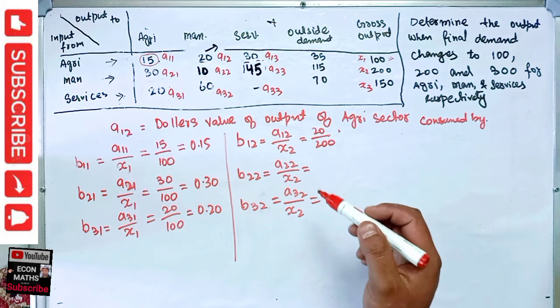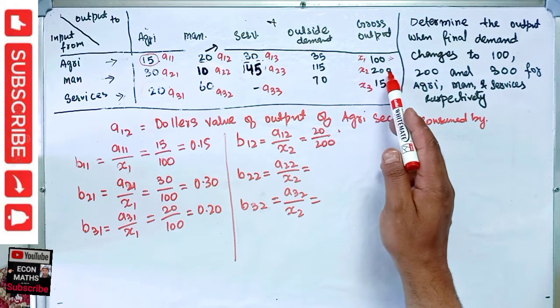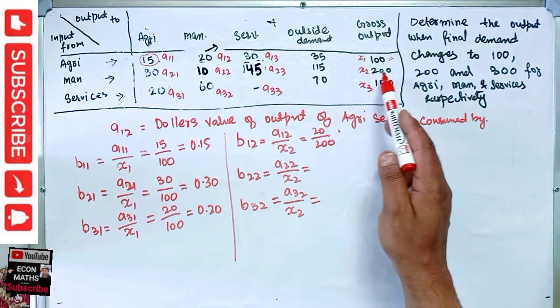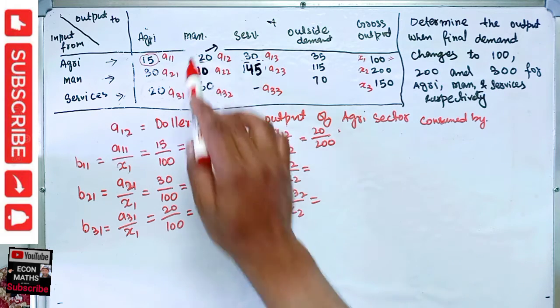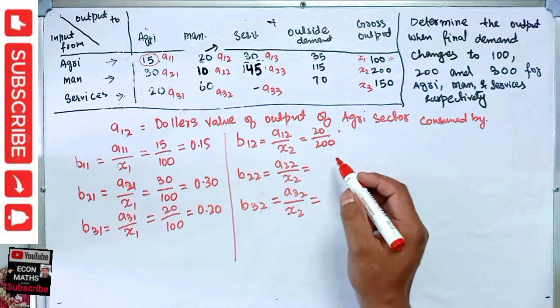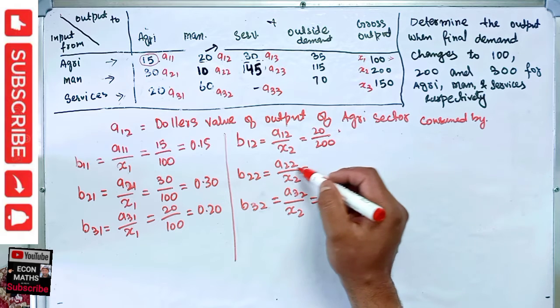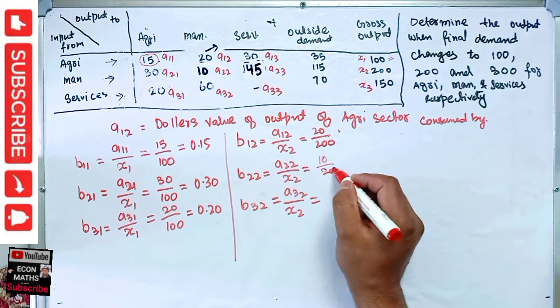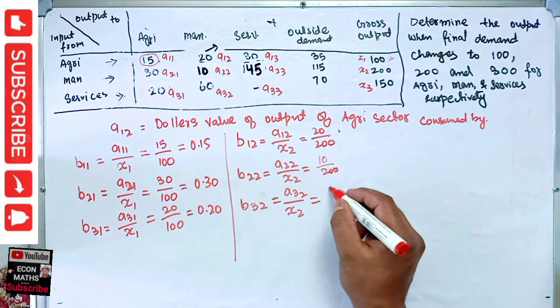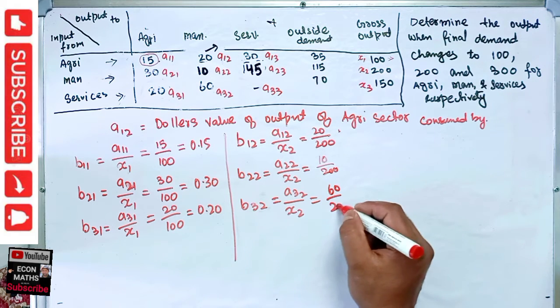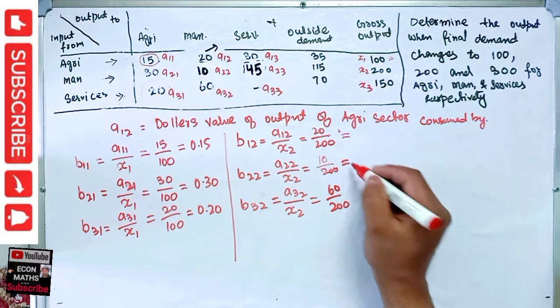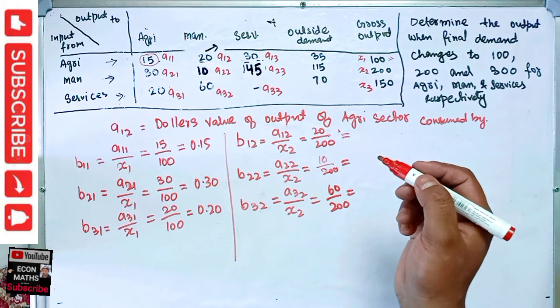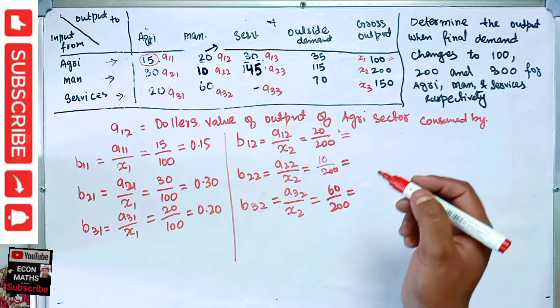So in 200 units of output of the manufacturing sector, 20 units are being used from the agricultural sector. Similarly, we have A22. Our A22 is 10 divided by 200, and we have 60 divided by 200. When solving these fractions, we will get the numbers.